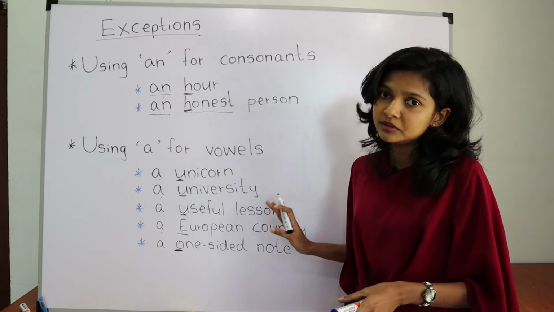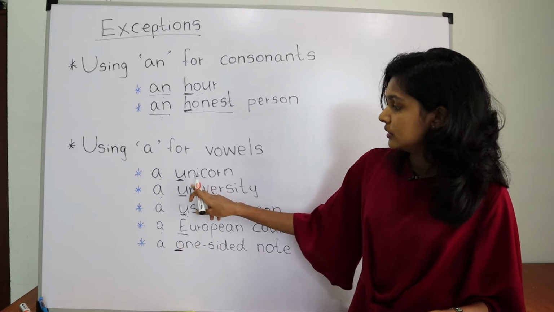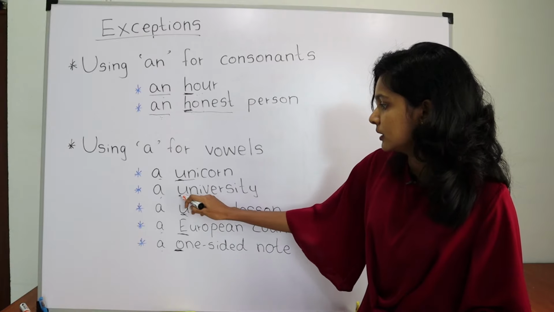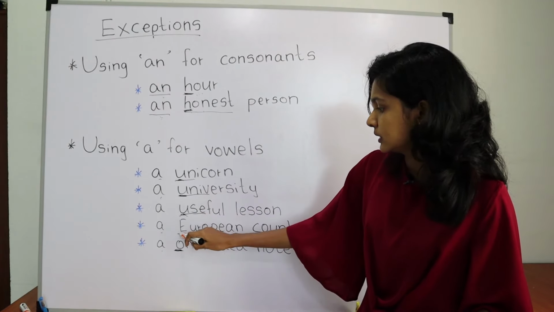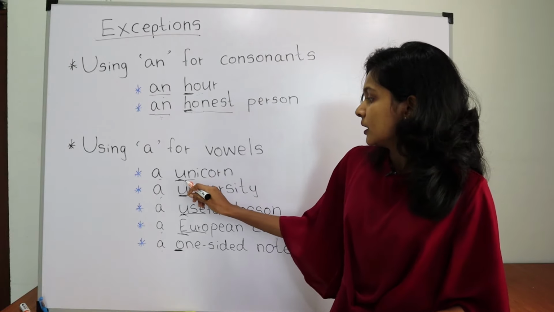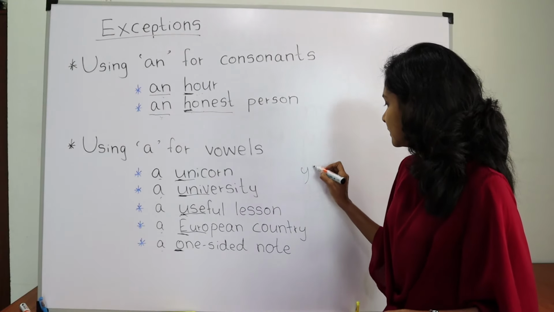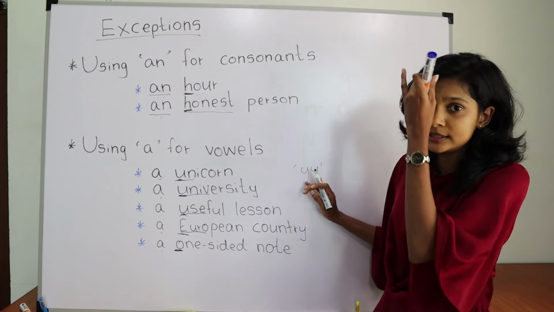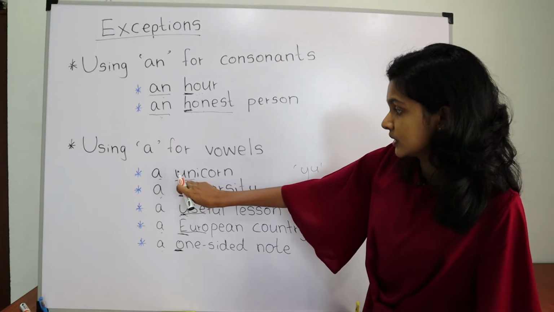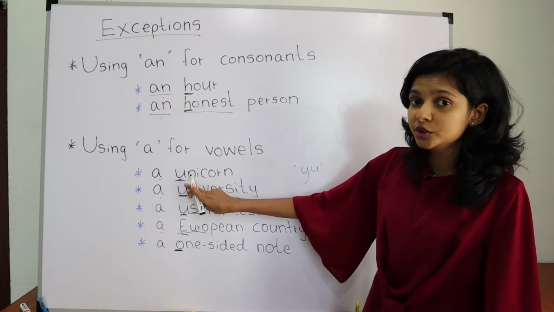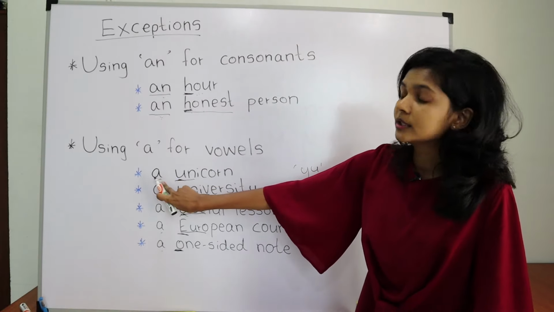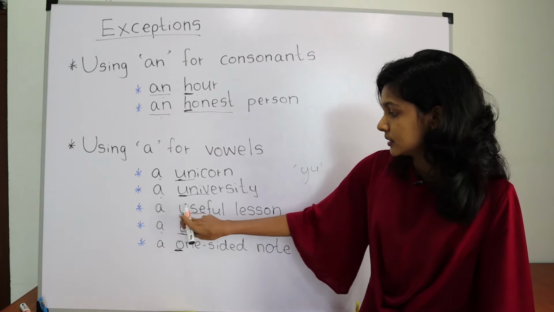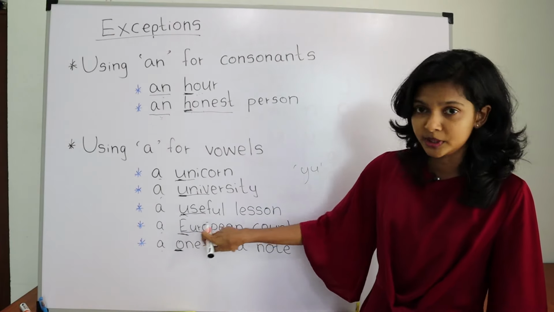Now I will explain to you the reason why we use a in front of these vowels. In these four words, unicorn, university, useful and European, we make the sound like U, that is like YU. Okay, so you know Y is not a main vowel. The sound we make first is U sound, so we have to say a unicorn, a university, a useful lesson, a European country.